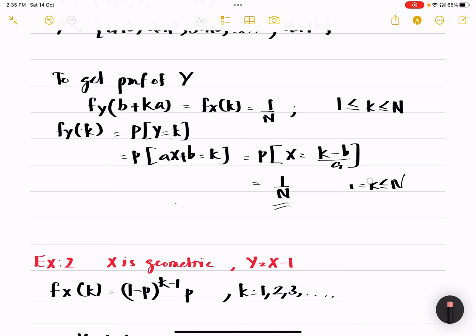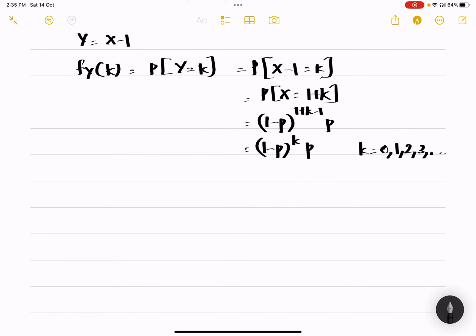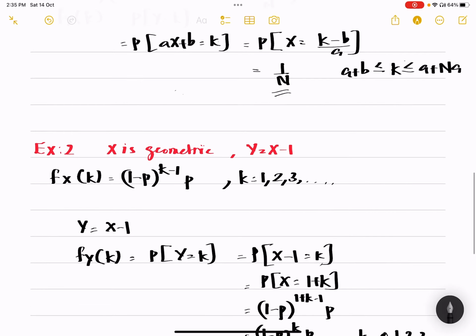So it is a plus b less than or equal to k less than or equal to a plus n. I hope this is clear now. So this is how we calculate the mass function of functions of discrete random variables. We can look at a few more examples which are relevant in the coming lectures.